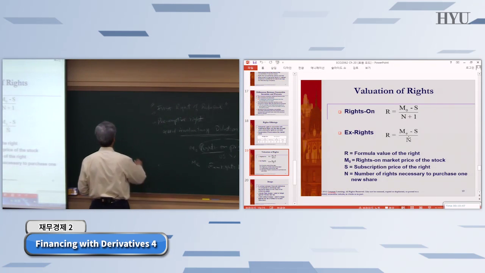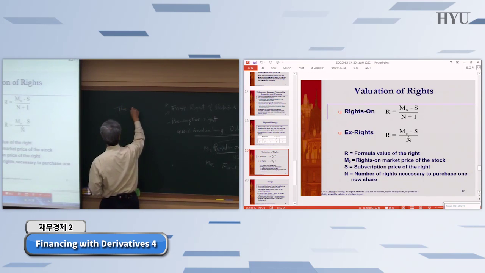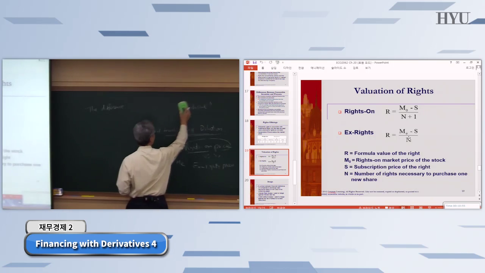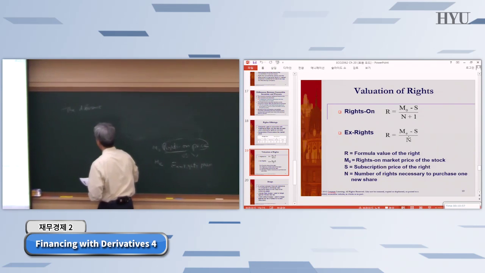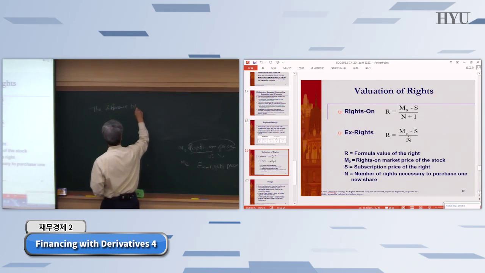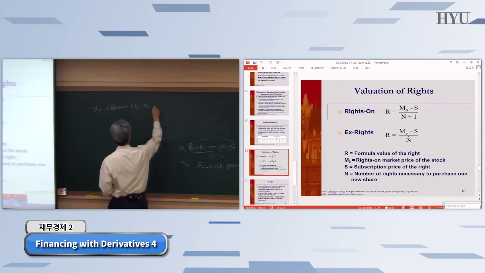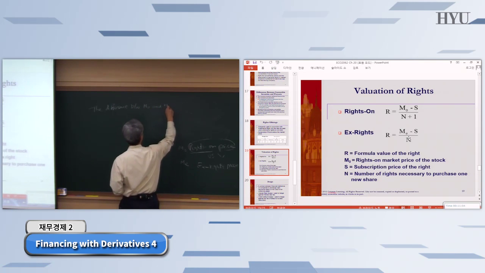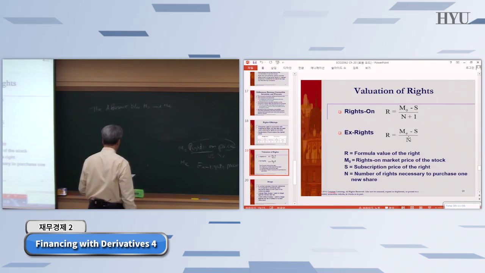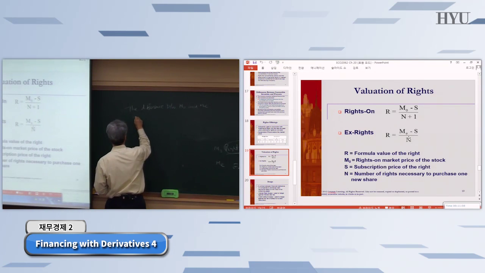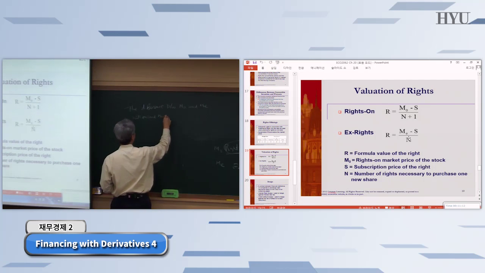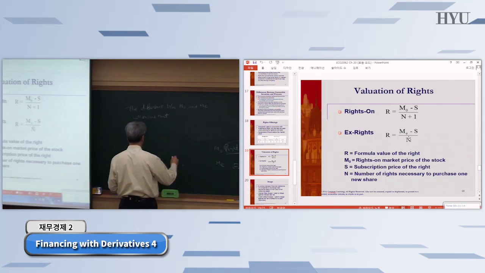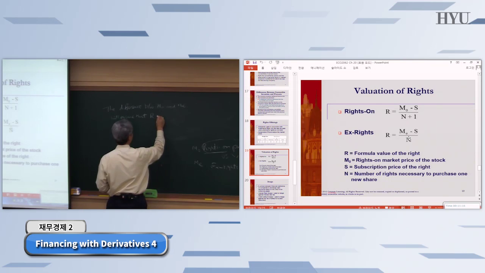The difference between MO and ME will ensure that R remains the same.